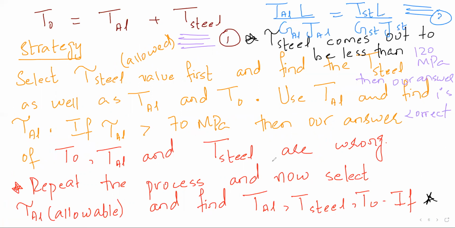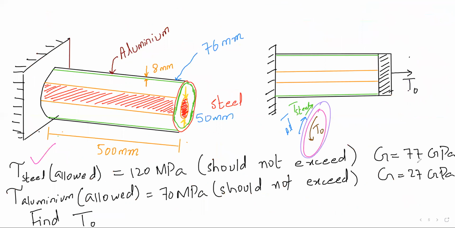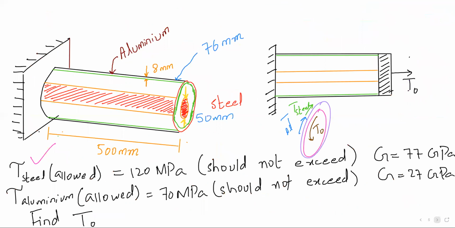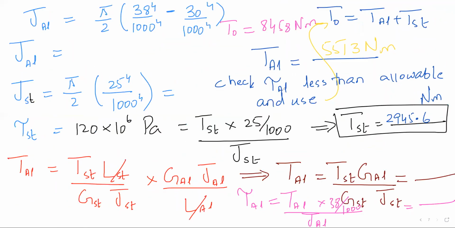77 and 27. Okay, let's do it. Let me pause the recording. Man, what a long solution. Give me a calculator and the time.